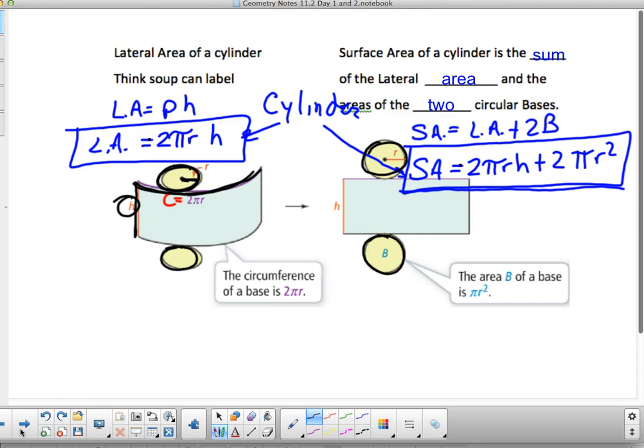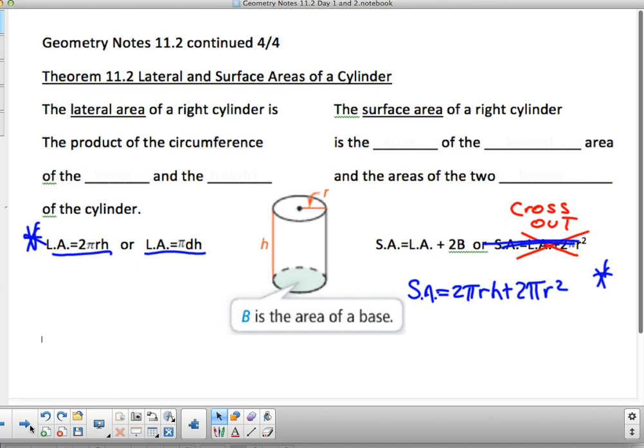That'll help me with my 2 pi r squared, and I still have that lateral area when I'm talking about the total surface area. So keep that in mind as we're going through. There's reasons for everything we're doing. And what's really nice about this, you just need two things for a cylinder. So now, get this stuff marked down, make that correction. I think I made the correction, but I'm not sure. I didn't make it here, so I'm questioning whether I did in my notes.